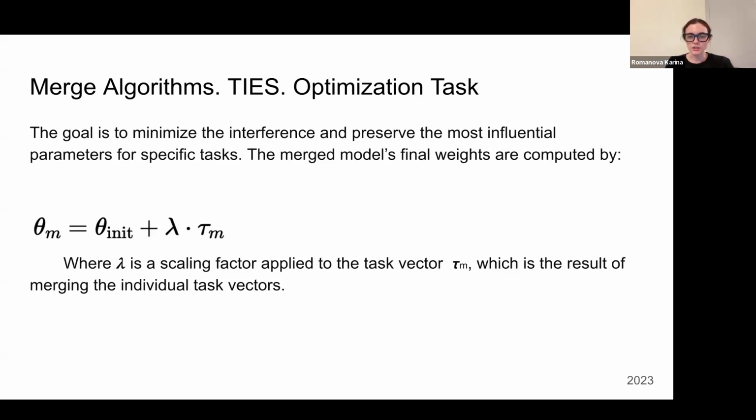To mitigate these issues, TIES introduces an optimization task that involves resetting parameters with minimal changes during fine-tuning, resolving sign conflicts, and merging only the parameters aligned with the agreed-upon sign. This process ensures that the merged model retains the most impactful features from each original model, thereby enhancing overall performance and robustness.